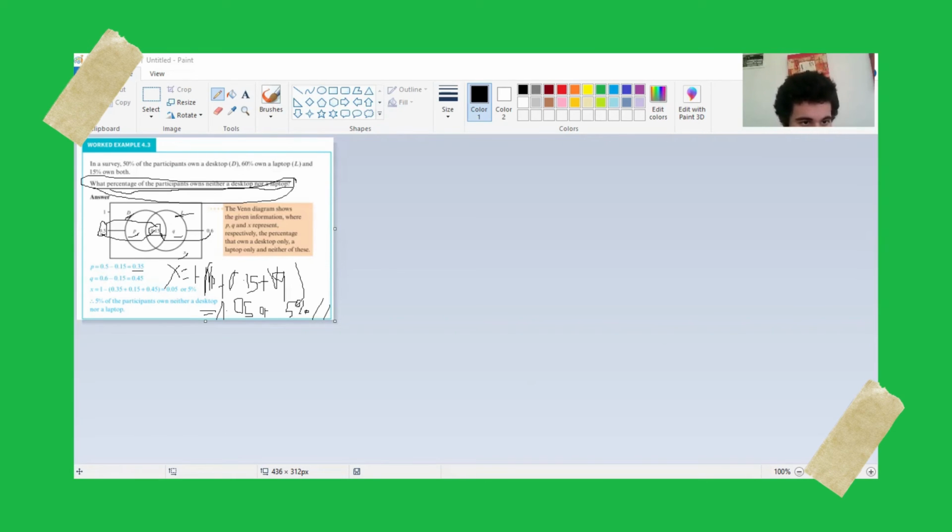So we're going to use this formula, P of A union B. That's the formula that you should understand.